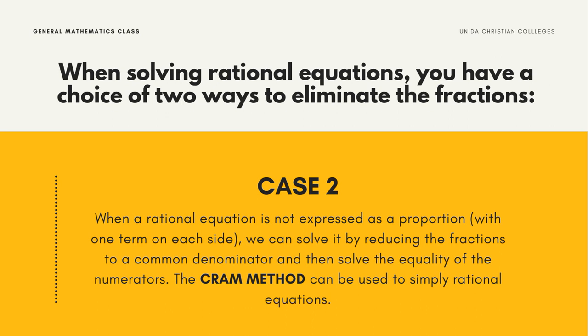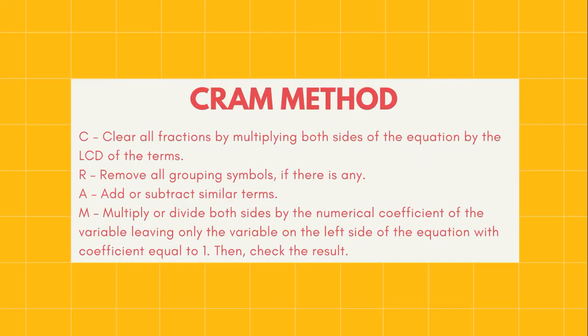So the CRAM method can be used to simplify rational equations. So what do we mean by CRAM method? Okay, so C stands for clear all fractions by multiplying both sides of the equation by the LCD of the terms. Next, R, remove all grouping symbols if there is any.